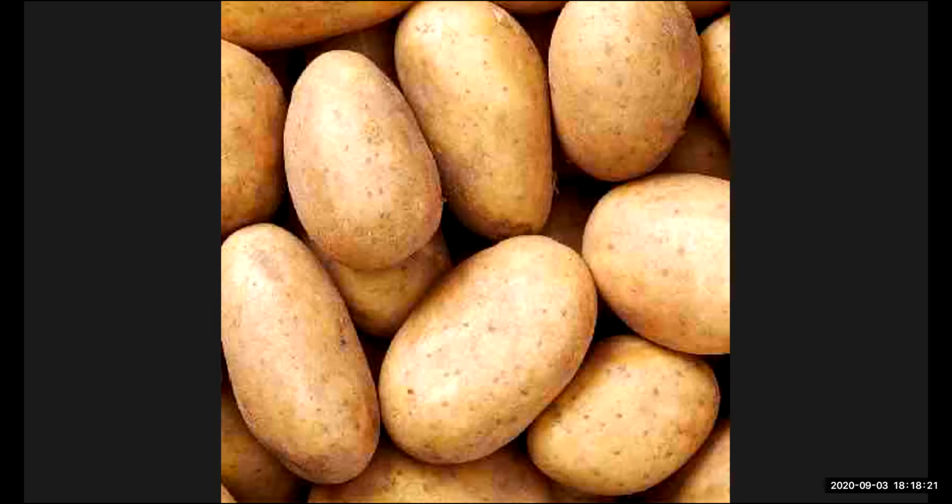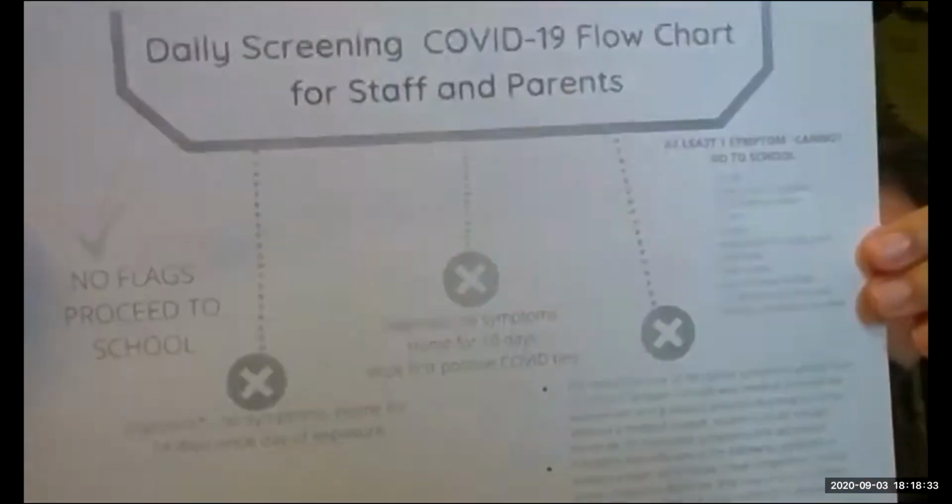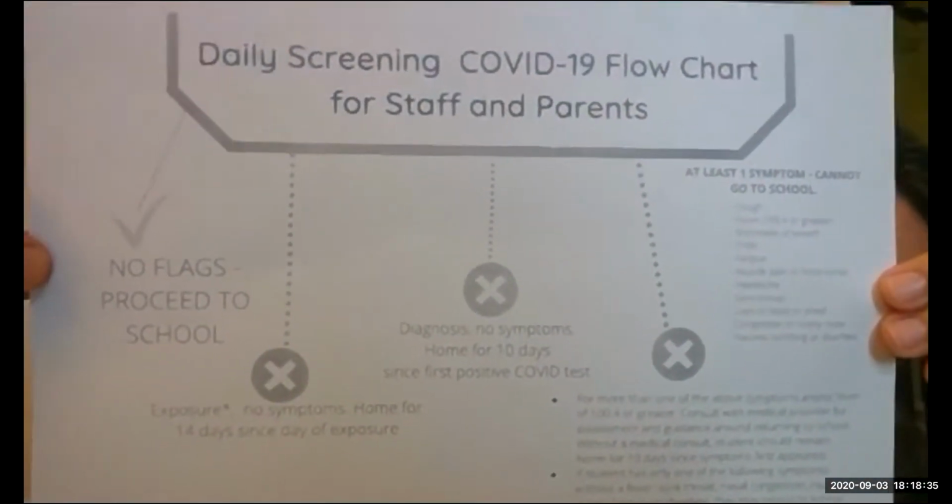But Jesse, I see you. So I got a form, I don't even remember where, somewhere in Washington County, and it's not on my computer, but it looks like this. Apparently that's what they're planning on giving parents. It says daily screening flow chart, no flags, proceed to school, and then it goes to exposure, what do you do?